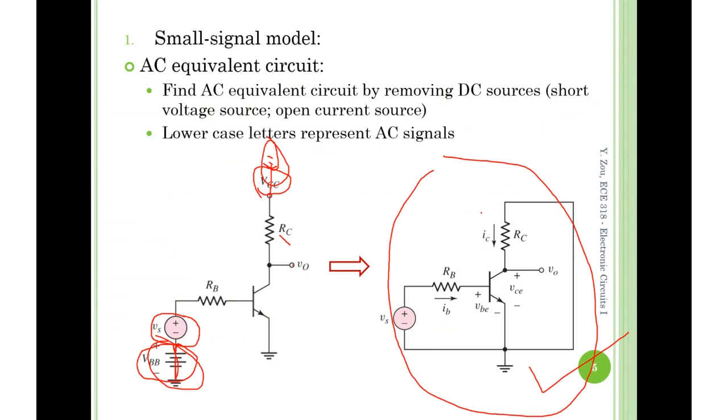However, we are not using the BJT transistor small signal model yet. That's what this AC equivalent circuit means. This is just taking care of the DC and the capacitors. Not a small signal circuit yet.